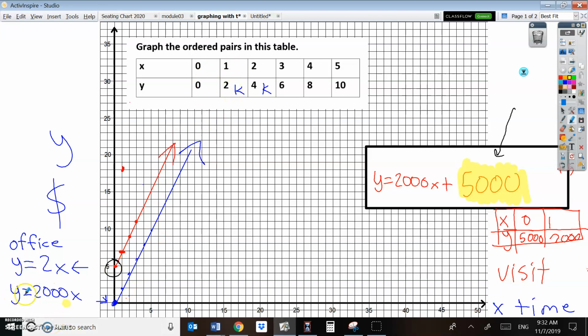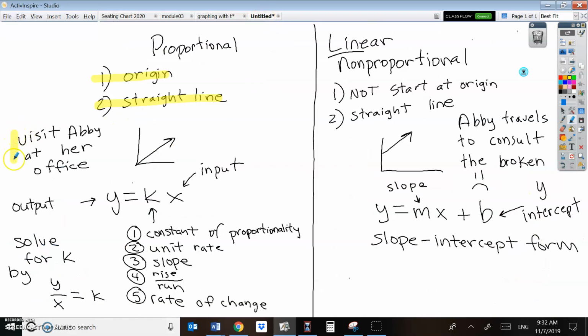This equation right here, y equals 2,000x, is the equation that matches the charges Abby makes when doctors come to her office to see her there. When doctors come and visit Abby at her office, it's a proportional relationship. The point 0, 0 on that graph means the doctors have not spent any time with her yet, so they don't owe any money.